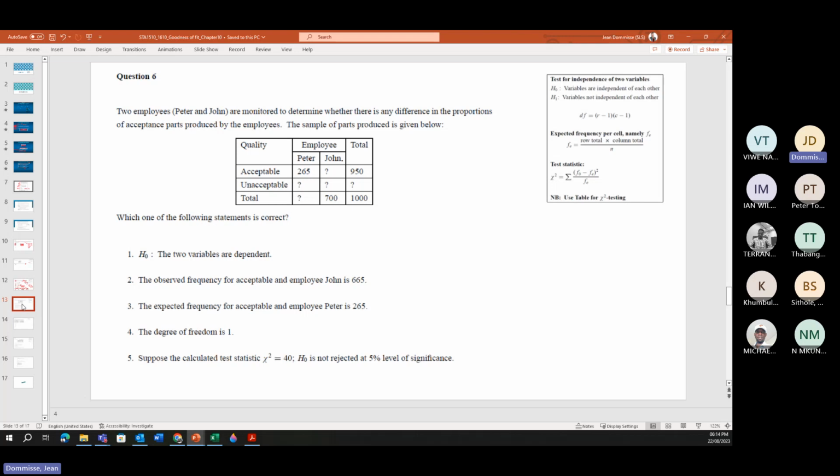So when it comes to the goodness of fit chapter, or what we call the chi-square test, that summary is the things that you need to know. And again, I like to ask it in a question like 5 or 6, where you test everything in one.